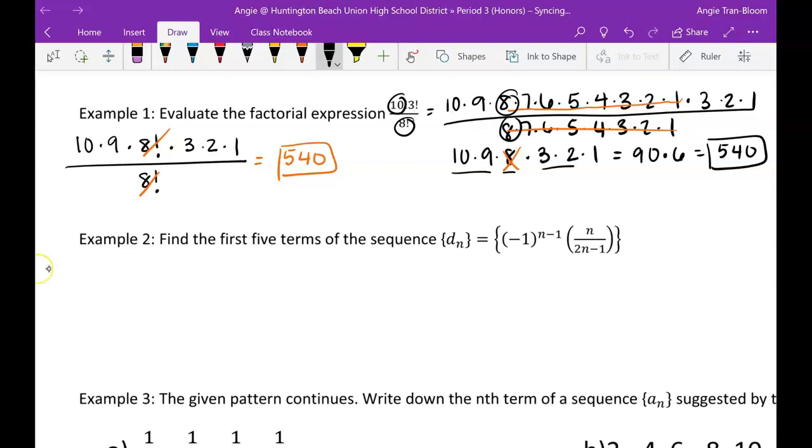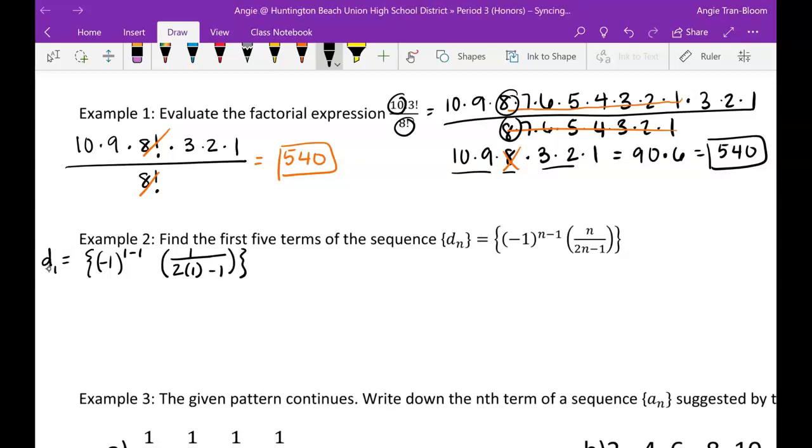First term, D subscript 1. That means when n is 1, you're going to do some basic math. Here's -1 to the n. It's 1, so I'm going to fill in 1 right there: 1 minus 1, times 1, all over 2 times 1 minus 1.